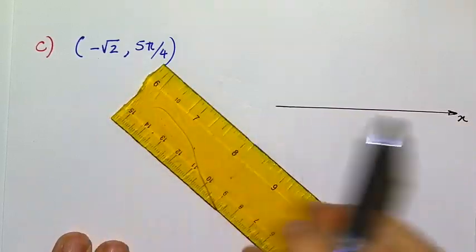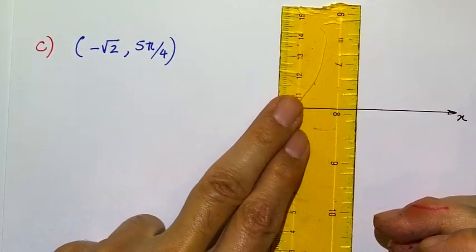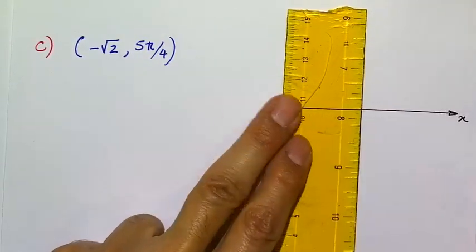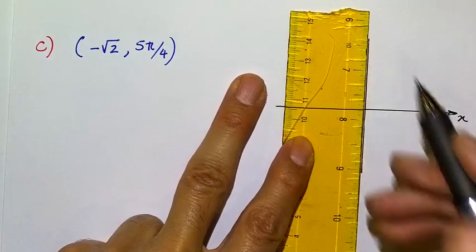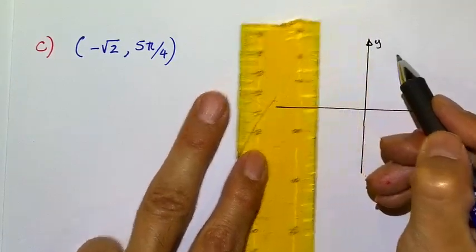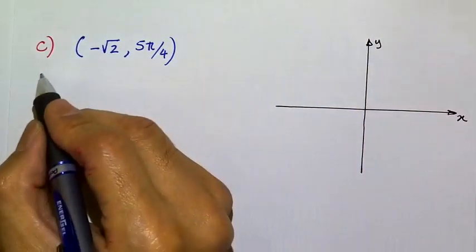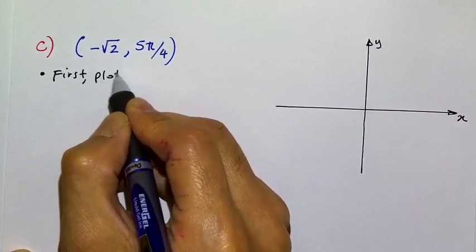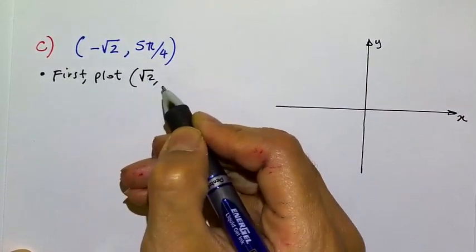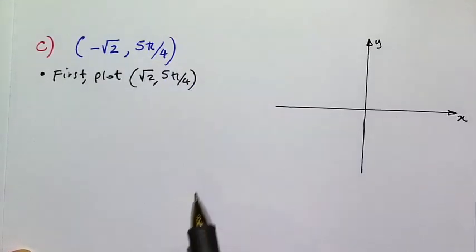Notice the r is negative again. So the first thing I will do is plot this point with r positive. So once again, I will first plot positive square root of 2, 5 pi over 4.